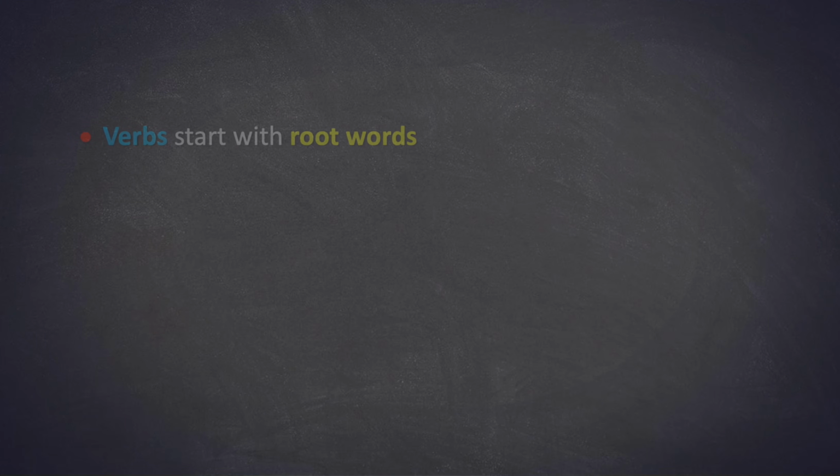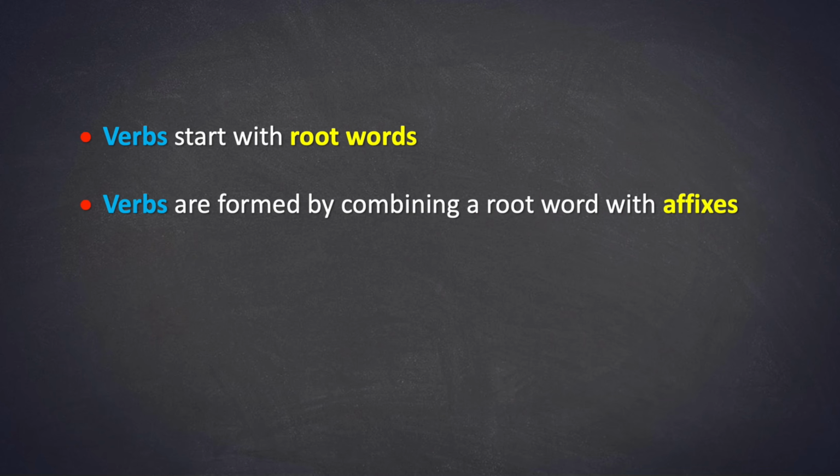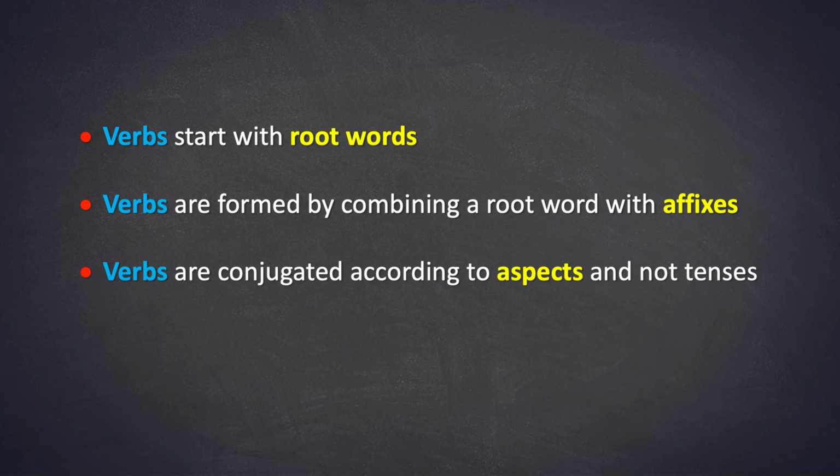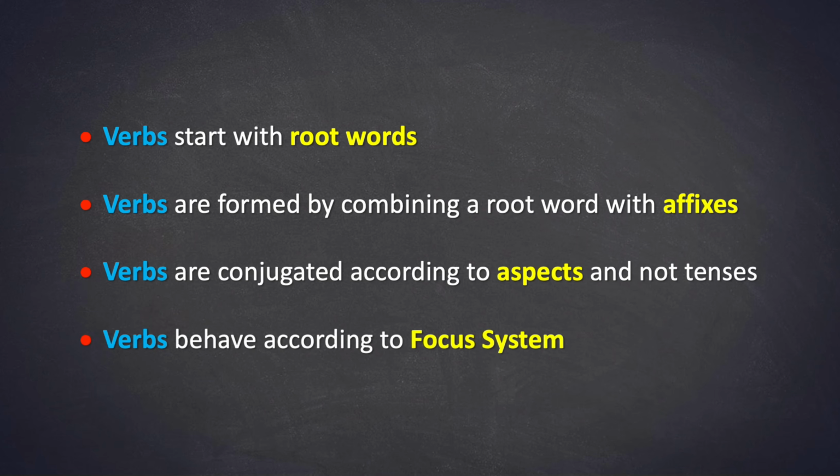In summary, these are the four things I want you to remember. Verbs start with root words. Verbs are formed by combining a root word with affixes. Verbs are conjugated according to aspects and not tenses. Verbs behave according to the focus system.